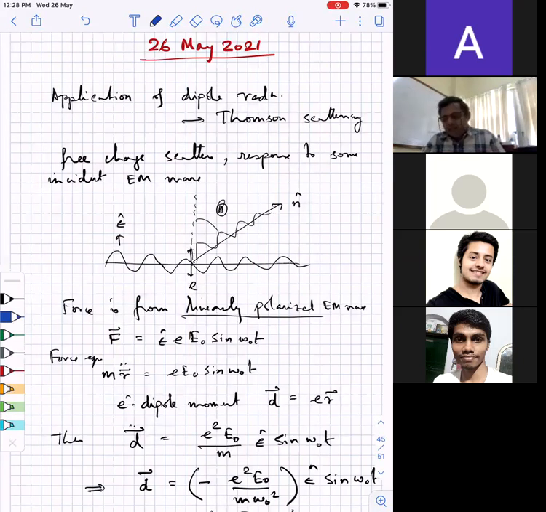Now, over here, I want something where I can define another plane, which is defined by n cap and E2, which is perpendicular to this plane.